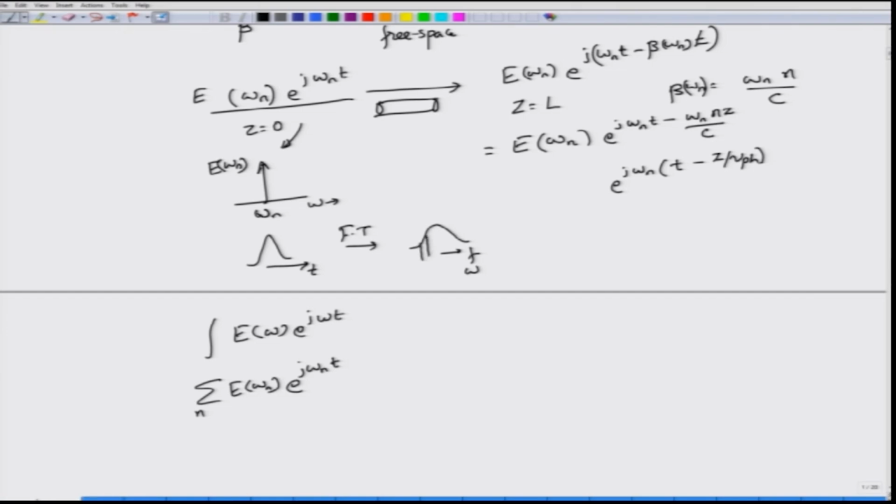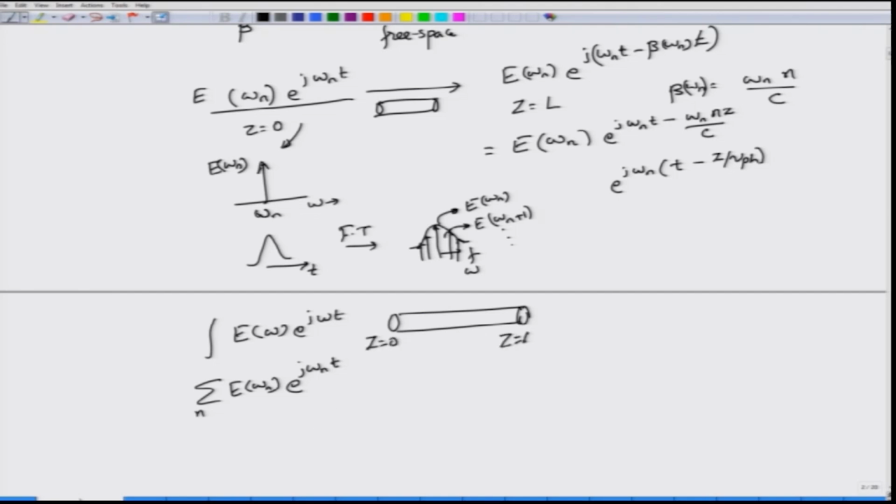So, you go to the frequency domain picture, these are all the different frequency components, each having an amplitude. So, this nth frequency component has an amplitude of E of omega n, this one has an amplitude of E of omega n plus 1, and so on. So, if you sum all this, you get this equation, which is what you are launching in the fiber. Okay. So, this expression captures the pulse that is being launched into the fiber at z equal to 0.